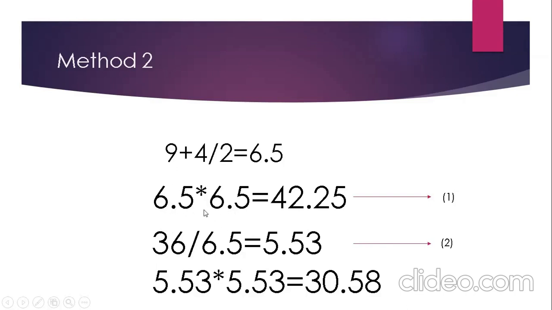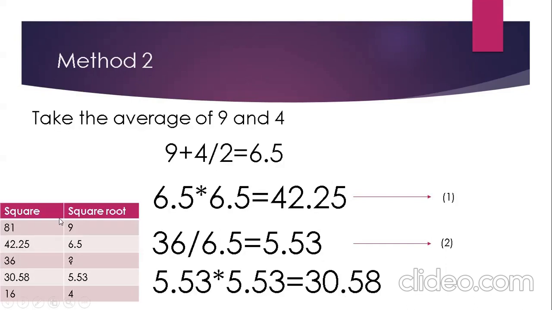So 36 divided by 6.5 gives you another number, 5.53. So again multiply 5.53 into 5.53 using the first equation. Now you got two ranges here. One is 42.25 and the other one is 30.50.